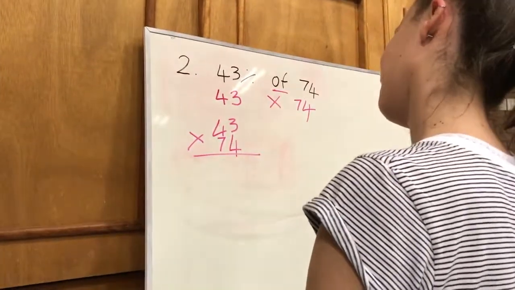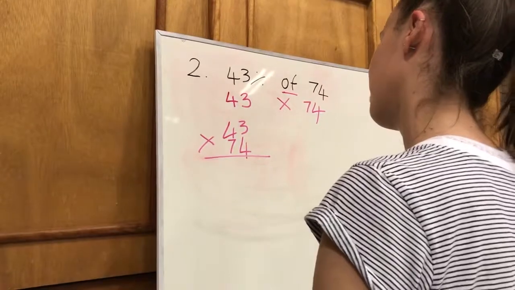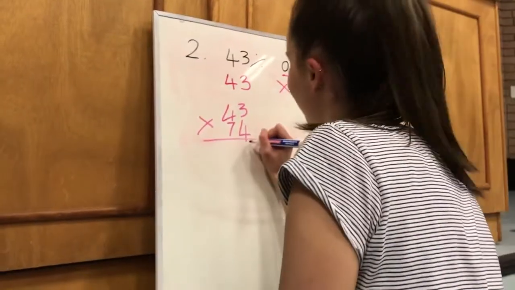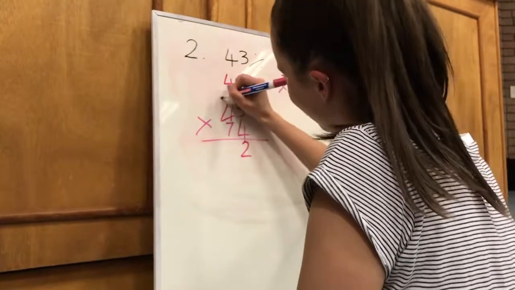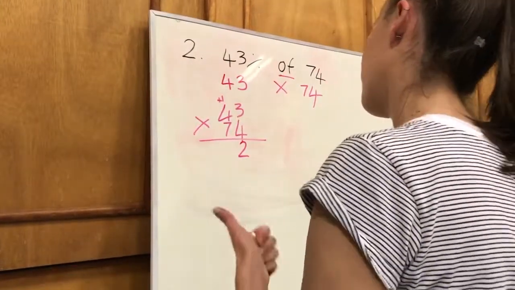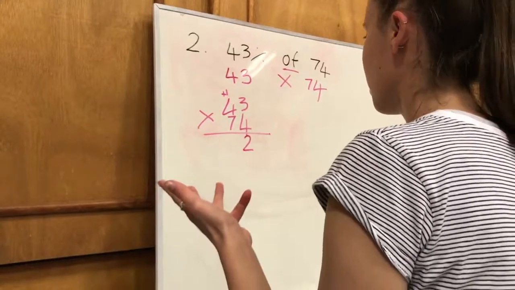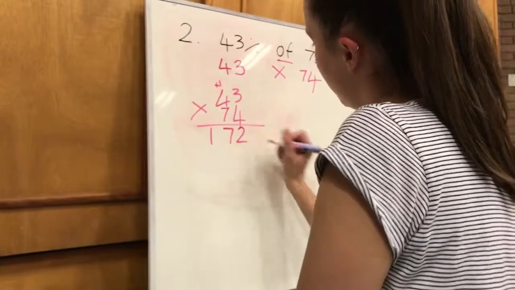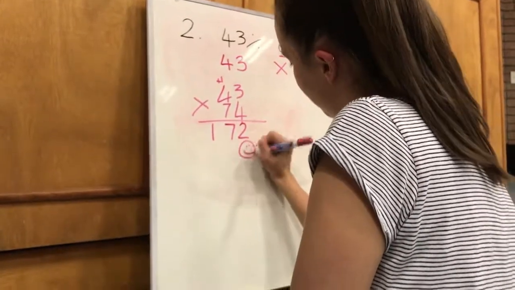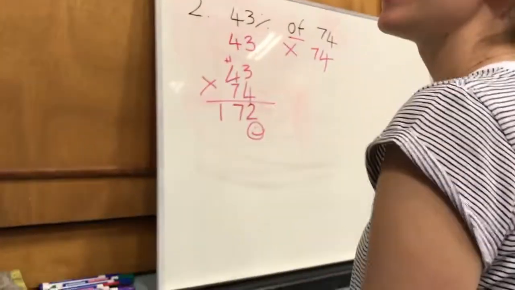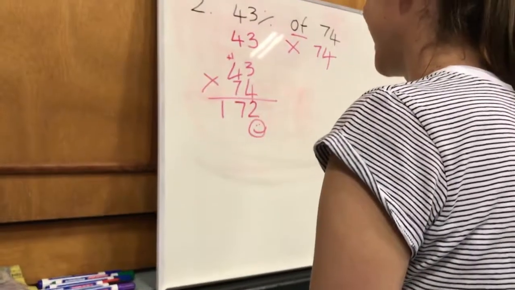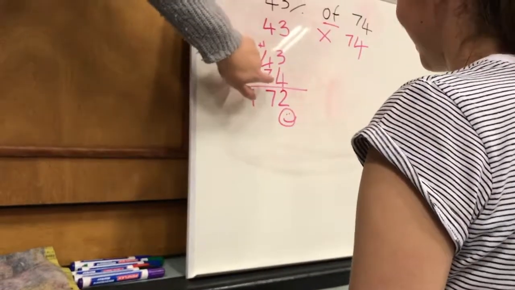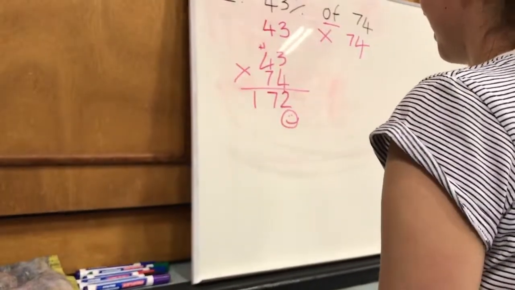Times. What are we timesing first? Which one? 4 times by? 3. Good. Carry it. Why are you putting your 0? Because I'm done with that one. Okay, but remember, because now we finished doing the units, we move on to the 10. So we have to put a 0 in the units place.